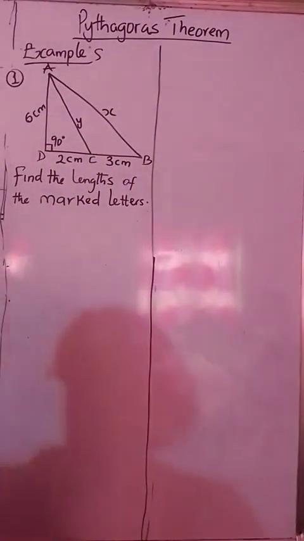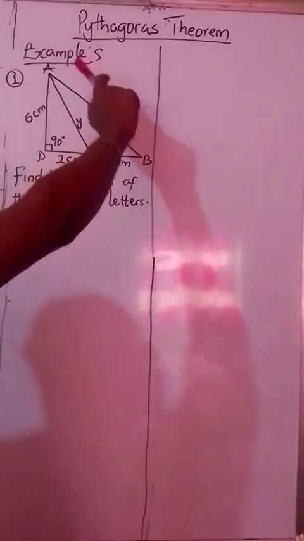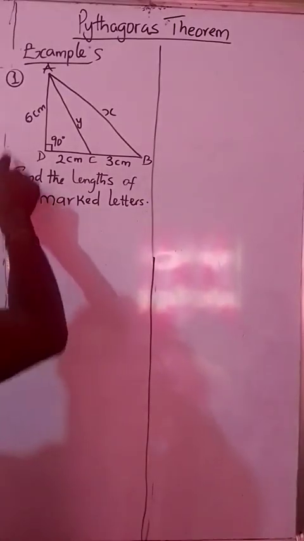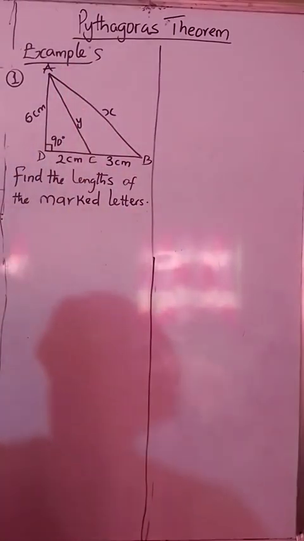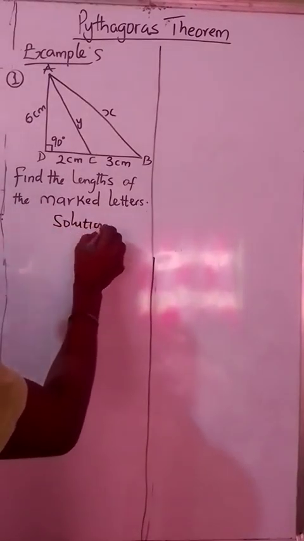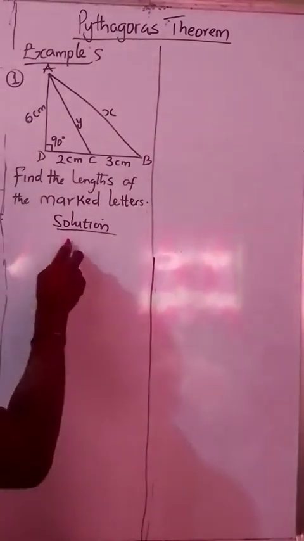Today I'll be teaching you Pythagoras Theorem, and I have an example here. Alright, the first thing that you need to know about Pythagoras Theorem is that you can only solve a question with Pythagoras Theorem when it is a right angle triangle.